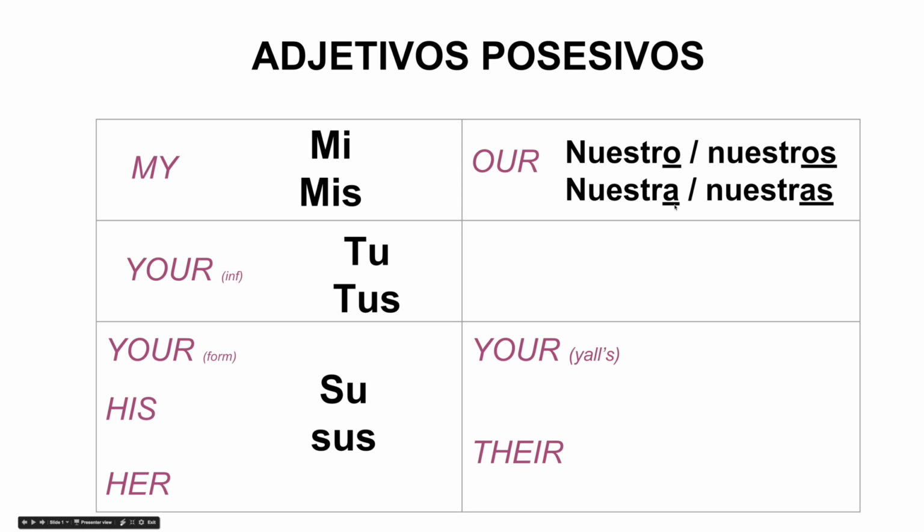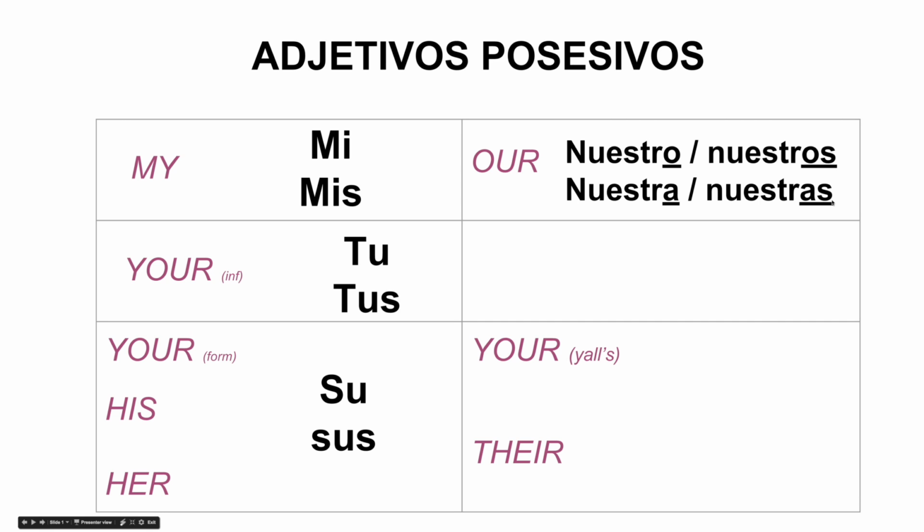If the thing you own, like una casa, if you own a casa, it does not matter if you are a girl or boy, you're going to use nuestra. If you own more than one casa, you're going to use nuestras casas. This does not matter if the owner is a boy or a girl.